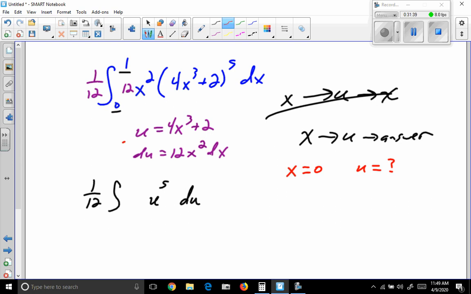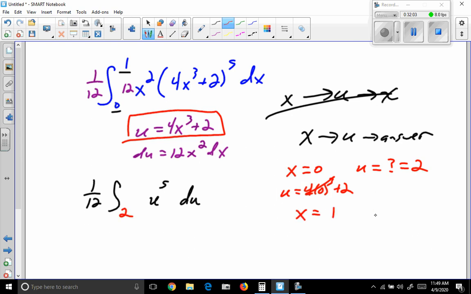We have this relationship right here that tells us how x and u are connected. If x is 0, then u is 4 times 0 cubed plus 2. So when x is 0, that corresponds to u being 2. So we would put a 2 here.